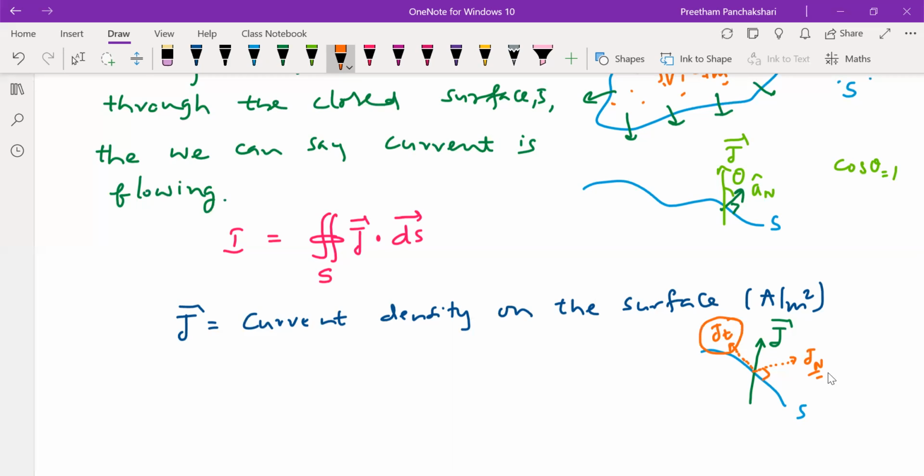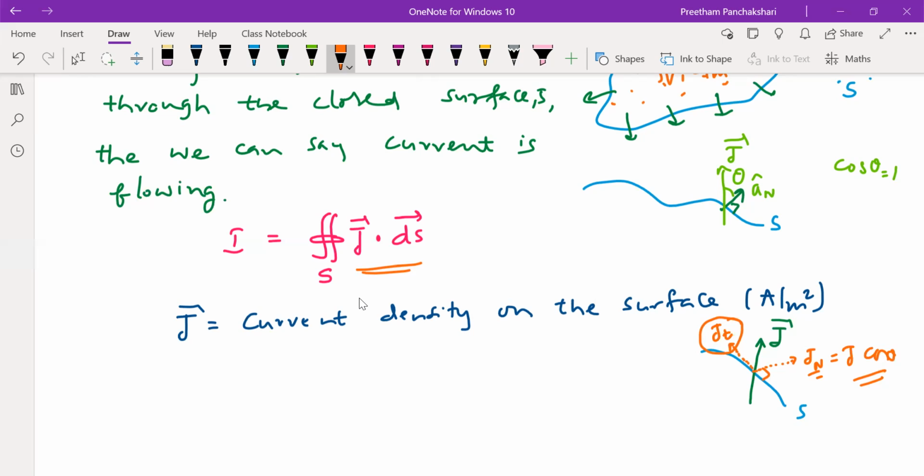Jn is given by J cos theta. This J cos theta is present in this equation in the form of J dot ds, where ds is the area. So this equation takes care of the direction. We have now understood the amount of current passing through a closed surface.